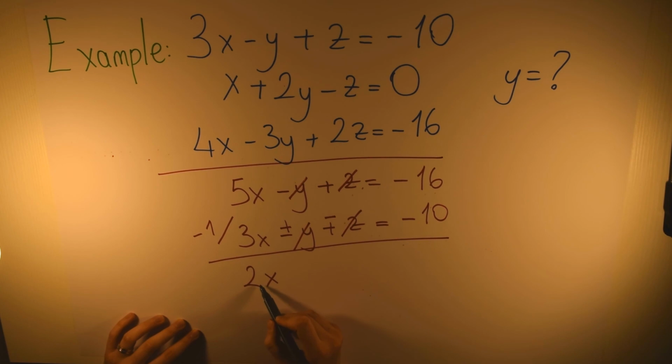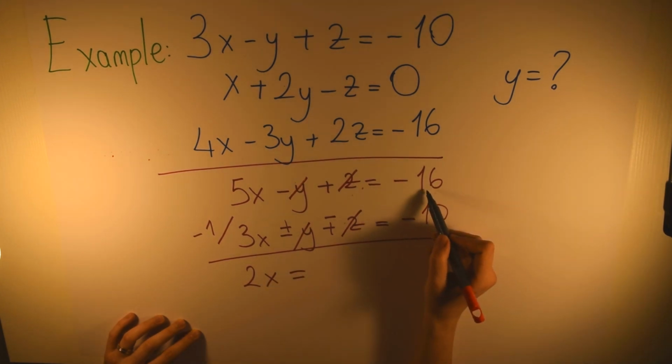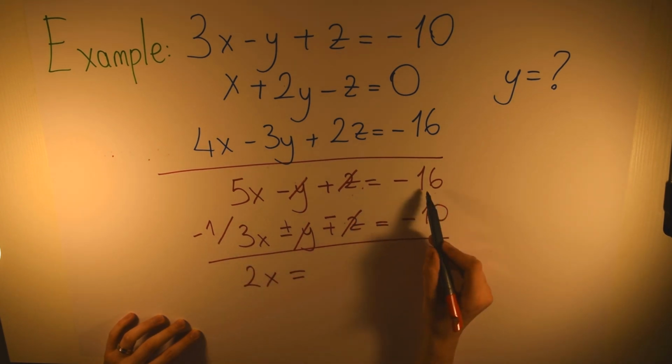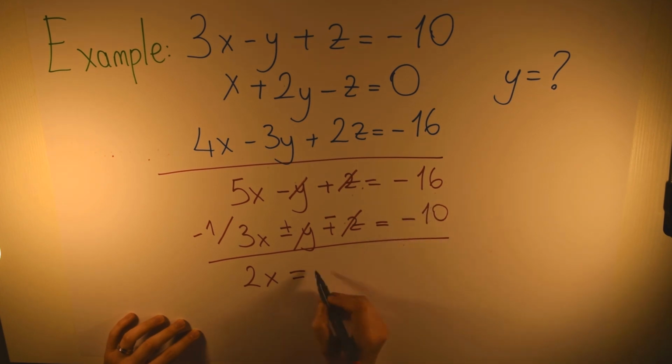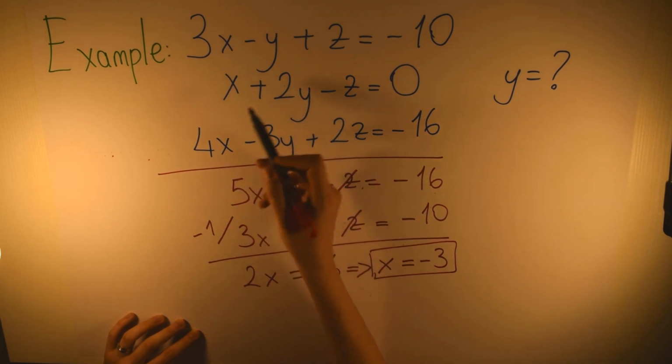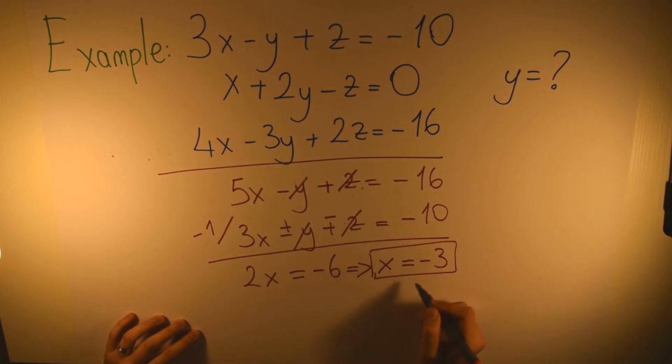So from here I will get 2x is equal to, this is minus 16, this is minus 1 times minus 10, that is plus 10, so minus 16 plus 10, it's minus 6, which is equal to, when I divide both sides by 2, I get x is equal to minus 3. You see, by doing this, I get my x value.